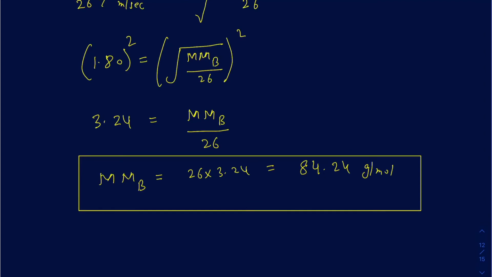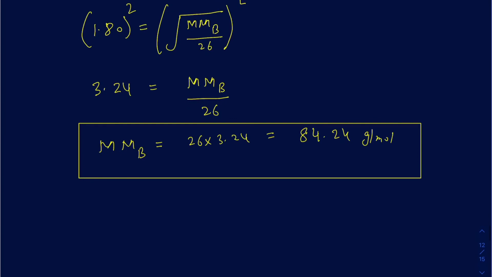Your noble gas is going to be in the very last column of the periodic table, which you can call group 8 or 8A, or group 18. So I see krypton is about 84.9, so it seems like it's going to be krypton as your noble gas. So I'll just go and write that down here.